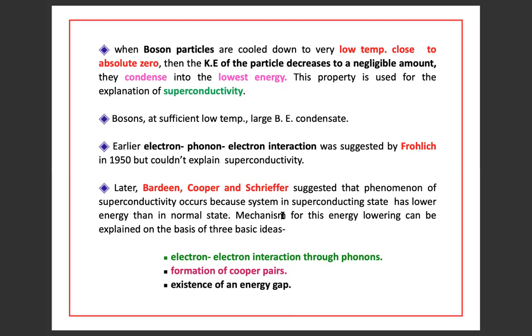And the mechanism for this energy lowering can be explained on the basis of three basic ideas: electron-electron interaction through phonons, formation of Cooper pairs, and existence of an energy gap. So we'll discuss all these phenomena one by one.